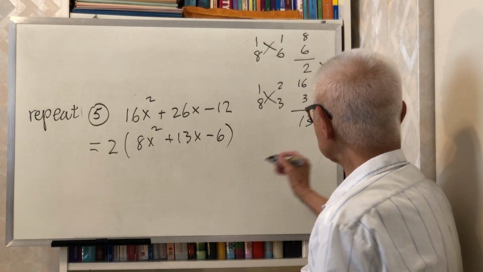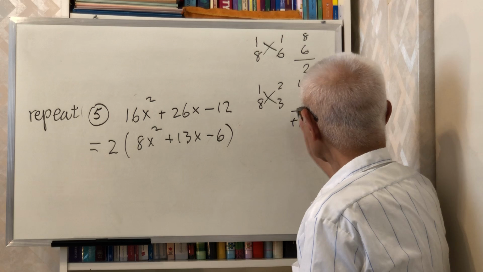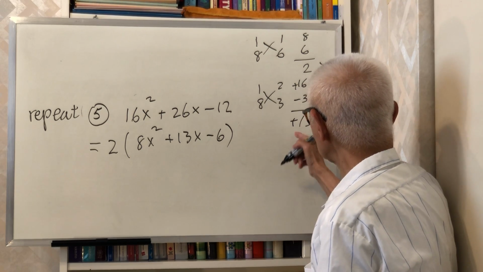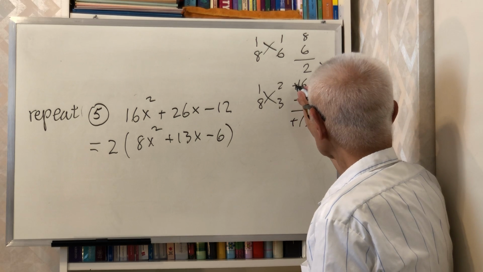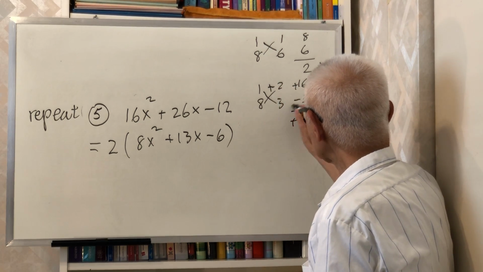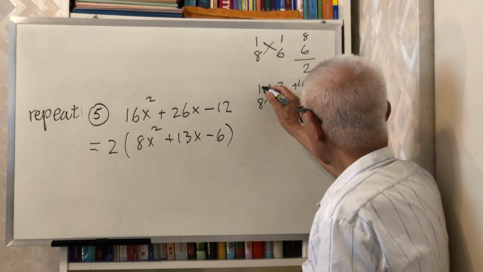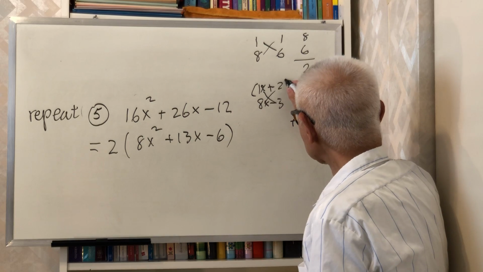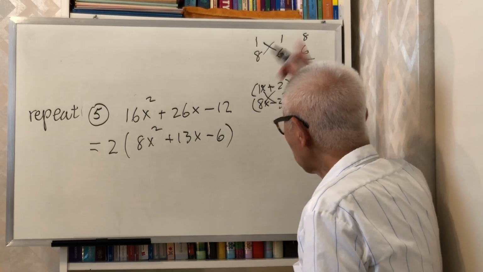I want positive 13. Therefore, this must be positive, this must be negative, so that you get positive 13. So the positive is transferred to this place. The negative is transferred to this place. I add an x here, and I add brackets. That's my answer.